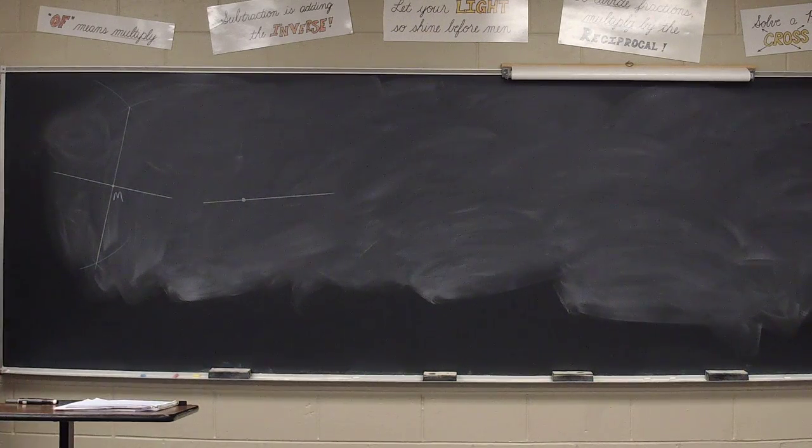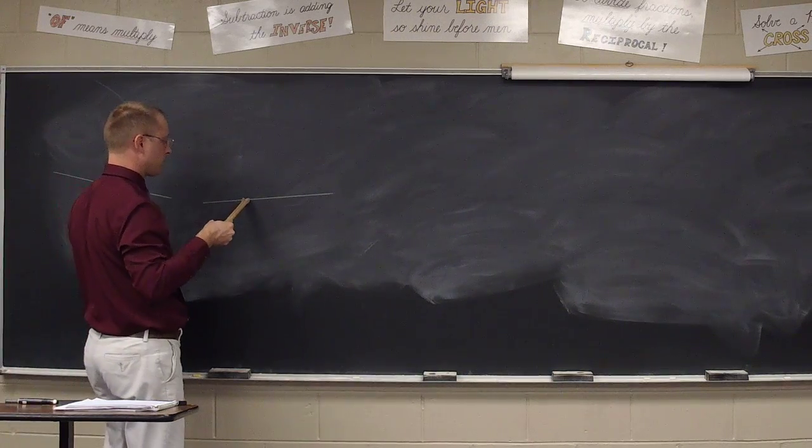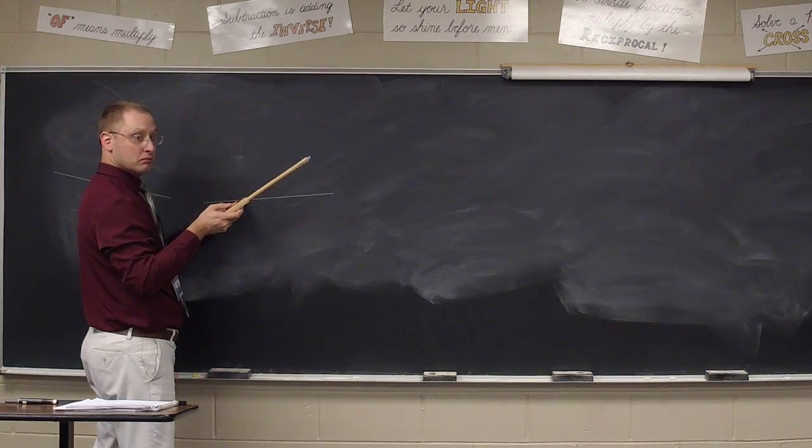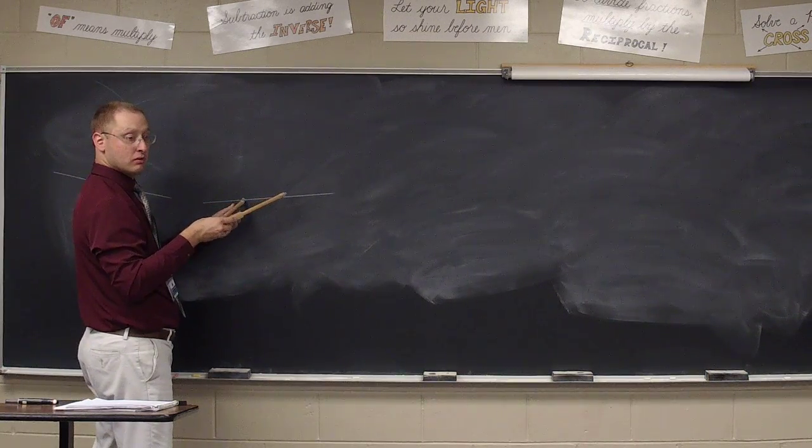So pick a point, not necessarily the midpoint, in fact, ideally not the midpoint, and let's construct a perpendicular right at that point. Dylan? You take the compass, or the point of the compass, and put it on that point. Open it up so it's shorter than the shorter side.